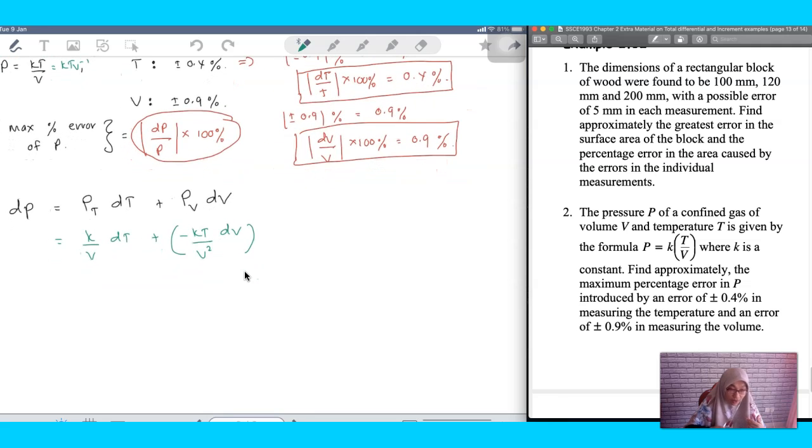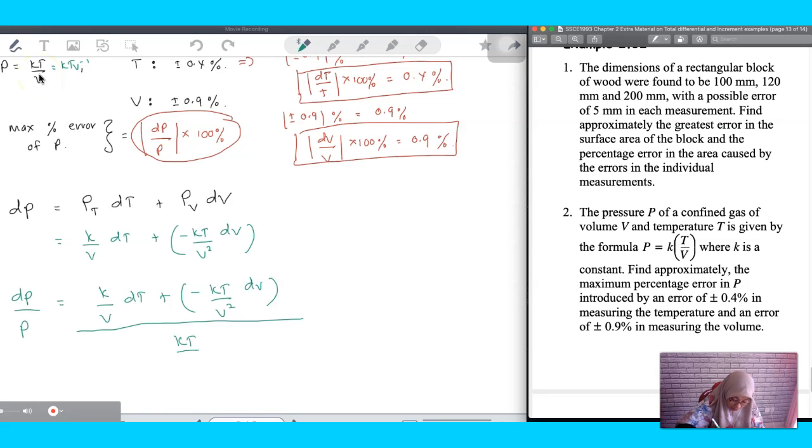What I mean by proceeding to the next level is that you want to obtain dP over P. So now we go to dP over P, which means that everything on your right here should be divided by the function of P. K over V dT plus KT over V squared dV, divided by all the function for P here, KT over V. Now I want you to simplify the form because it took about how many layers? 4 layers, right?